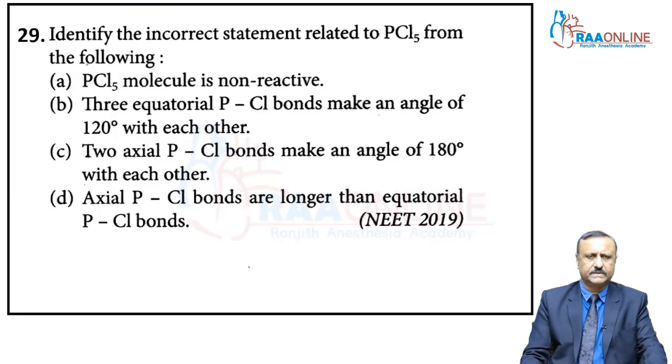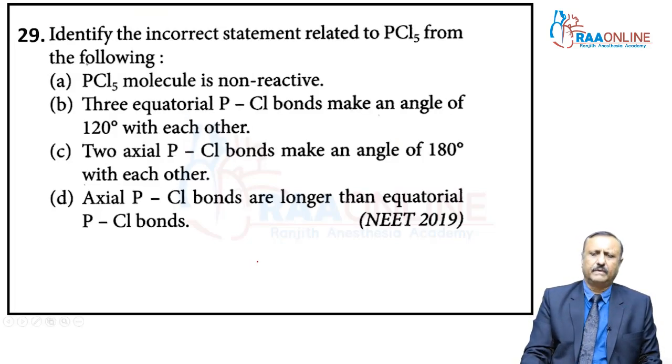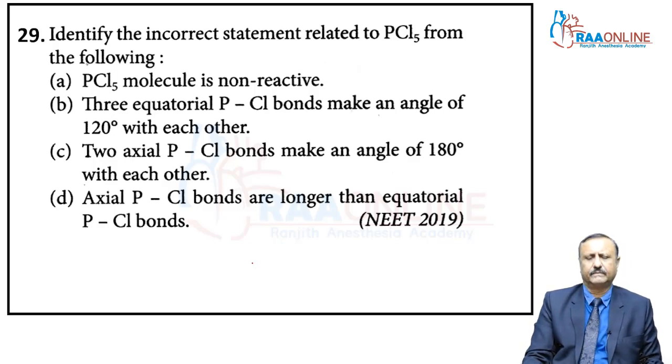Now, we can see question number 29. Here, my dear students, question number 29 was asked in NEET 2019. Identify the incorrect statement. Minutely observe the incorrect statement related to PCl5 from the following. Here, my dear students, option B is: the 3 equatorial P-Cl bonds make an angle of 120 degrees with each other.